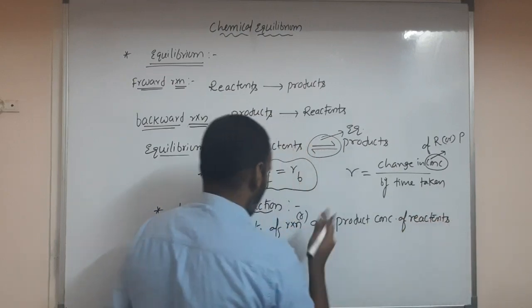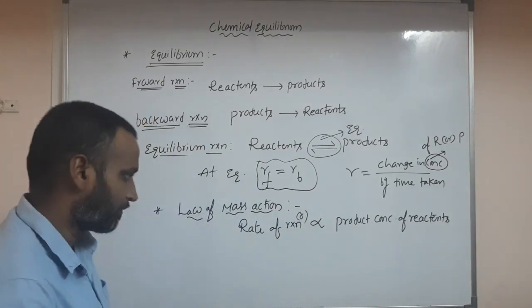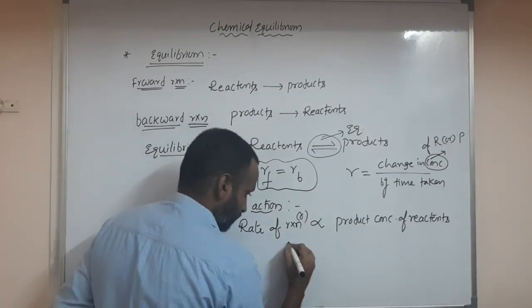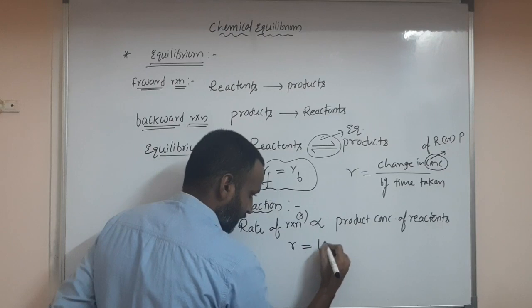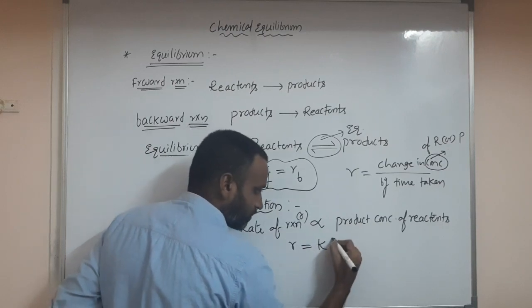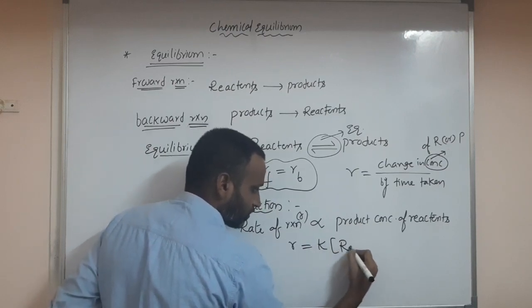This is the rate law, which you also have in chemical kinetics. So r equals k, the proportionality constant, into the concentration of reactants.